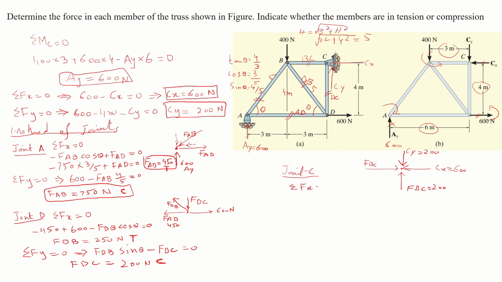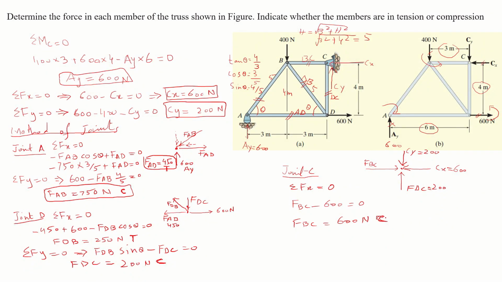Sum of x forces is equal to 0, and F_BC minus 600 is equal to 0, and so F_BC is equal to 600 Newton, and it is directed towards the joint, so it is a compressive force.